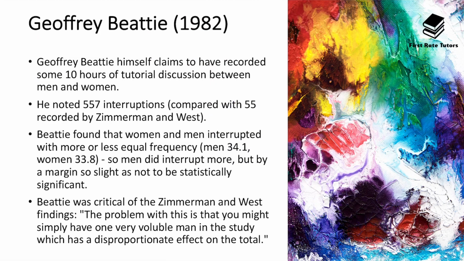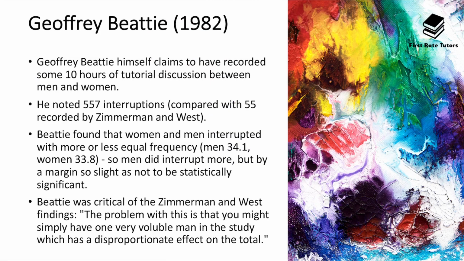So in many ways, this study by Beattie actually does refute Zimmerman and West's finding, and also it's significant that Beattie had a much larger sample group. And so this led Beattie to become very critical of Zimmerman and West's findings. Beattie stated that the problem is that what you might study might have one very voluble man, so in other words a very vocal man in the study, which has a disproportionate effect on the total.